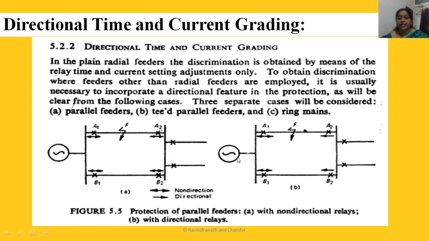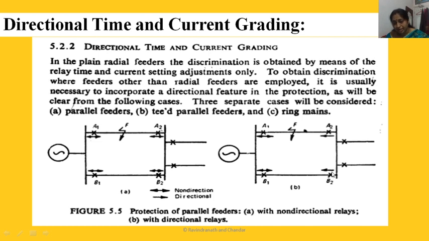Now we'll see the same fault and how the relays operate. For a fault at F, again the fault will get fed from the source through A1 and then F, and from the other side like this. A1 will see this fault, A2 will see this fault. That means this section will get disconnected. But what is the difference between this and this? Fault current is getting fed from this side. Now here, look, the fault current is going like this, and then it is going like this.